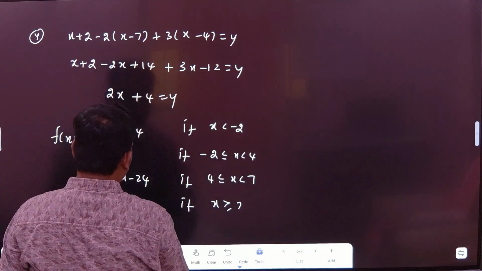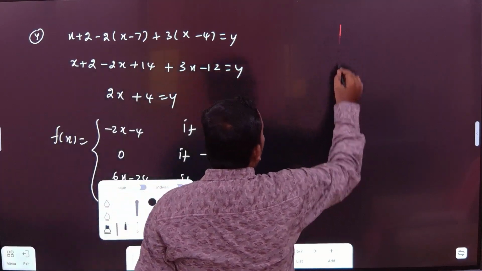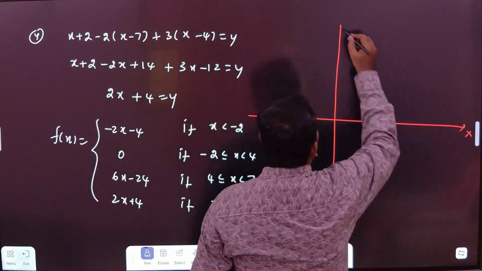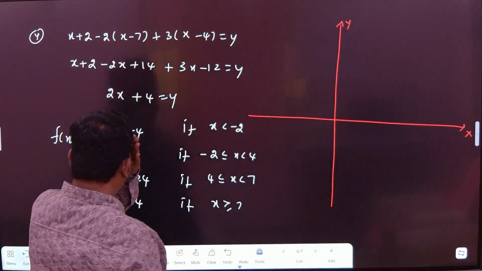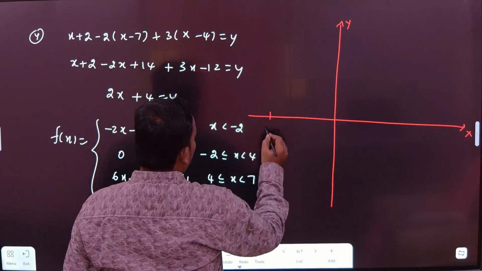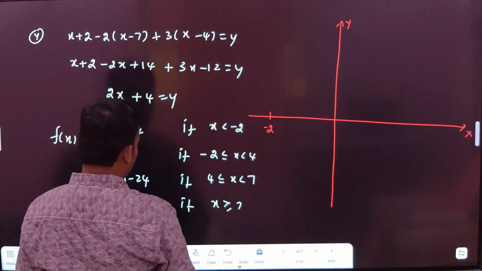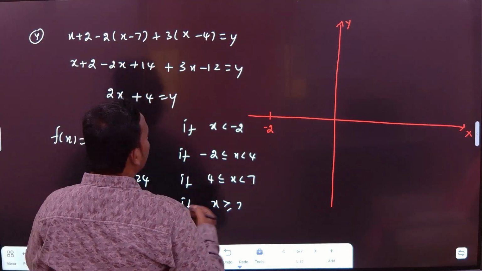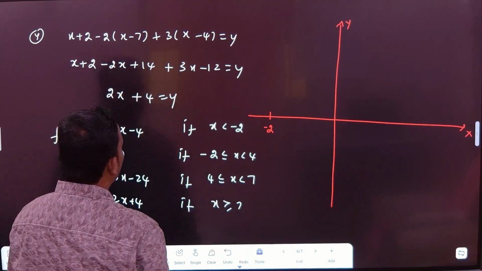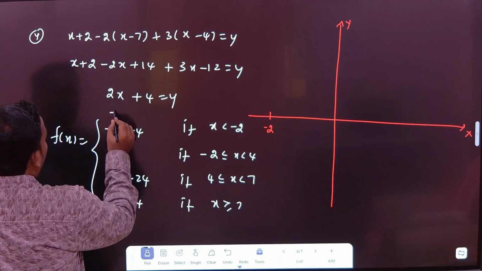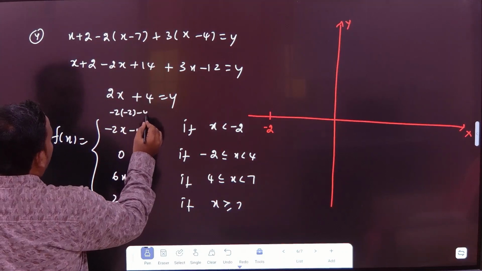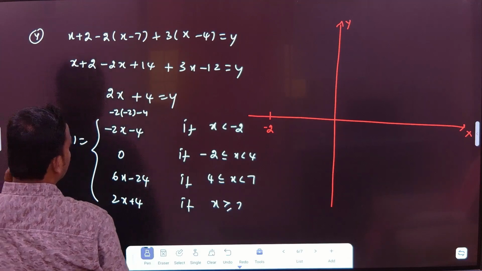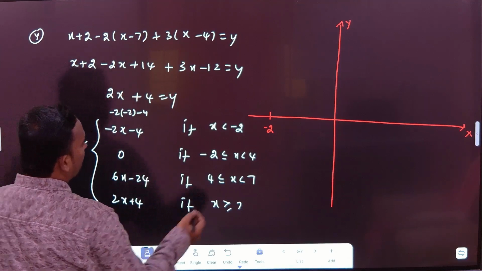Then how to draw the graph? You can see, student, this is the x-axis, this is the y-axis. When x is less than minus 2, let me take minus 2. Then x less than minus 2 means minus 2x minus 4. If I put minus 2 into minus 2x minus 4, it is 0, right?